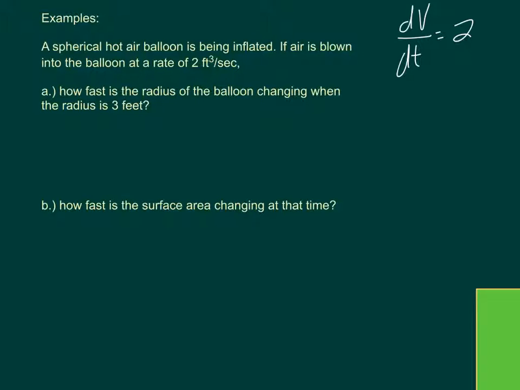So if we know the volume is changing at 2 cubic feet per second, we're going to need our volume formula. Well, volume of a sphere. Again, if you've forgotten, look it up. It looks something like this, 4/3 pi r cubed. This first part, we want to know how fast is the radius changing. So we're looking for dr/dt when the radius is 3.